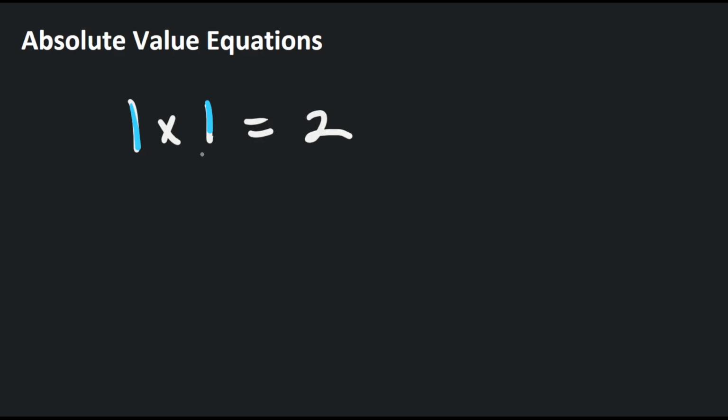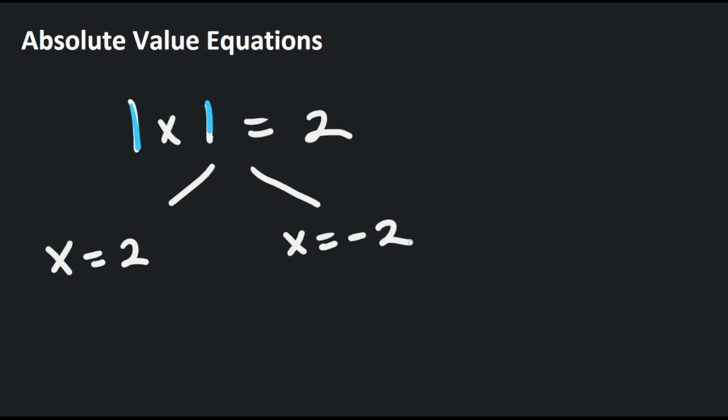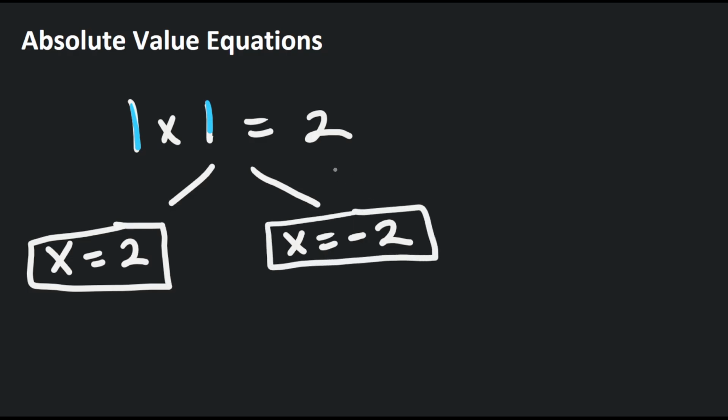Whenever we come across this situation, we can break this up into two equations. So we can have x equals 2 and x equals negative 2. And those are our solutions. So in order to drop the absolute value bar, you have to make it equal the other side of the equal sign.